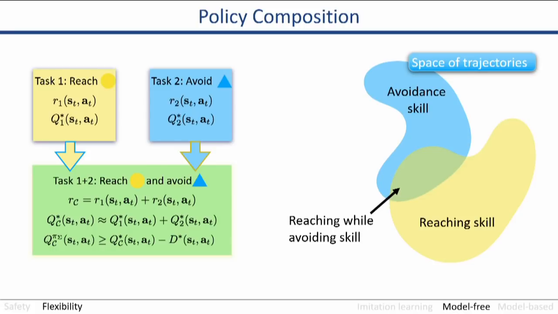But basically what they show is that how good the composed policy is depends on how similar the policies for task 1 and for task 2 are. That kind of says how good they'll be. So how good the composed policy will be depends on the overlap in this region.